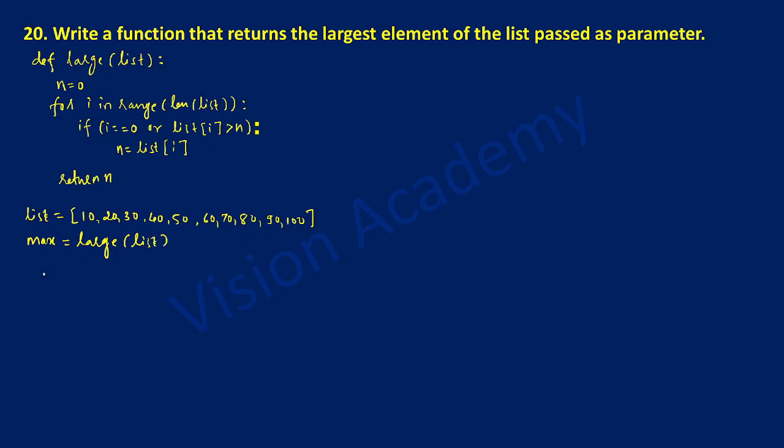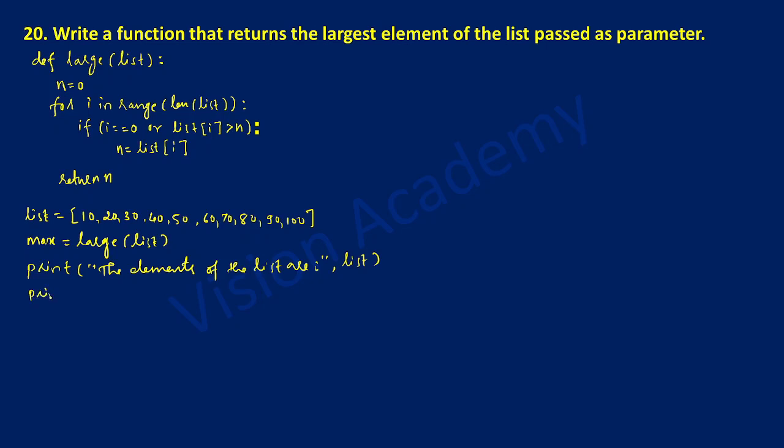Now I'm going to print the elements in the list, and then I'm going to print the maximum element in the list. Here in a double quotation mark, I'm going to write the elements of the list are, and close the double quotation mark, and here I'm going to put comma, and then I'll write the name of the list.